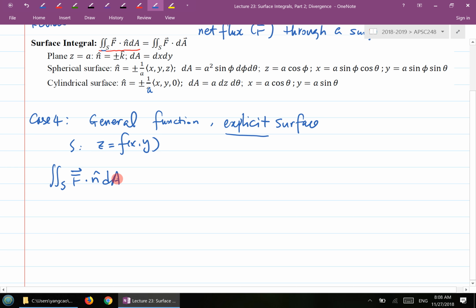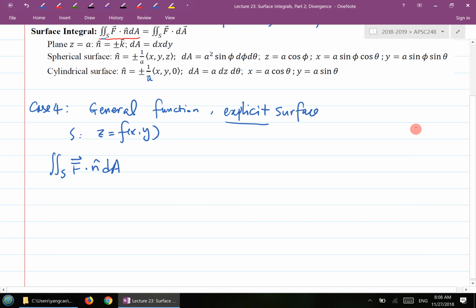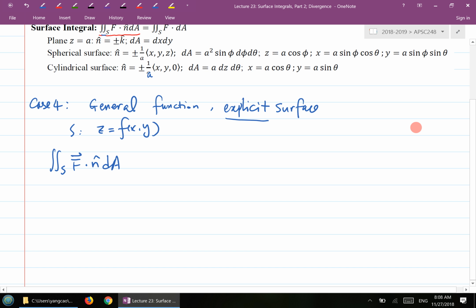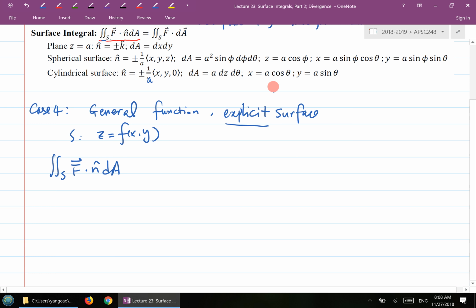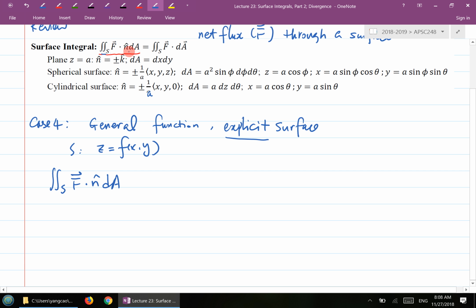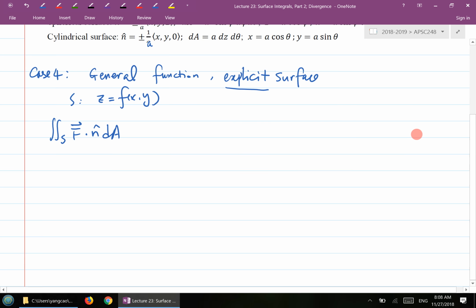For this one, we're following a similar process, but I'll show you slightly different things. Previously, when we had a different coordinate system or surface, we tried to figure out the n hat, and we tried to figure out the dA, and then we put them together into the original surface integral and evaluated. Now for this particular case, we can present n hat dA at the same time.